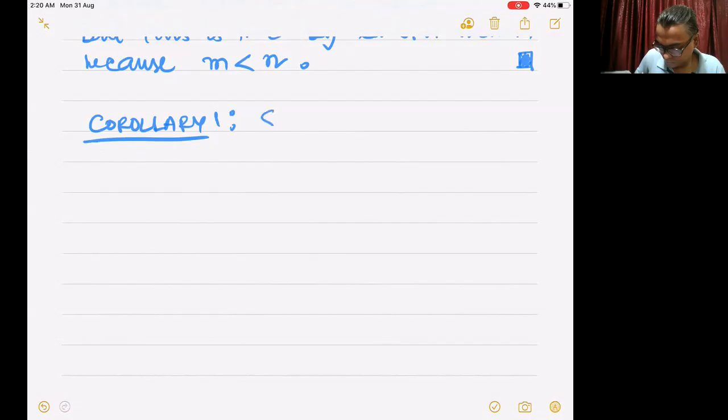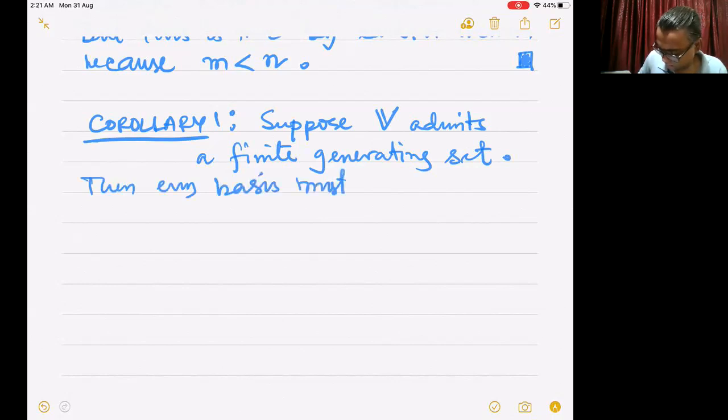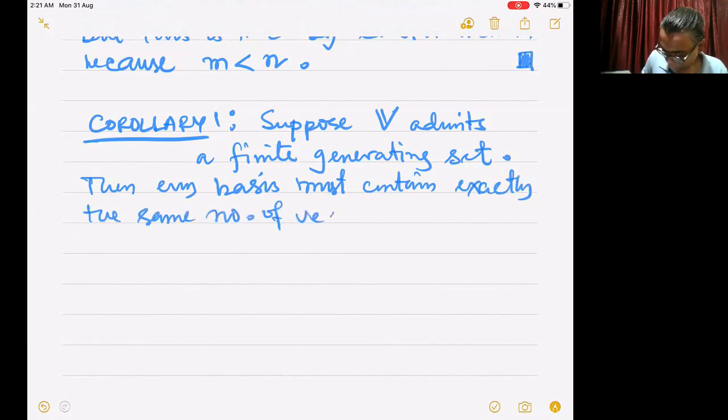Suppose V admits a finite generating set like before, like in the statement of the theorem, then every basis must contain exactly the same number of vectors.